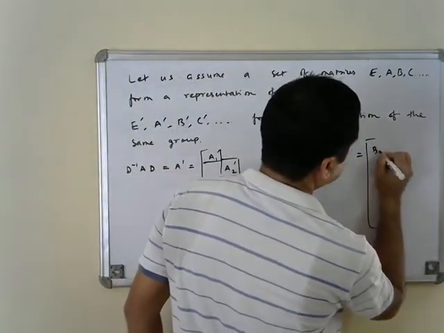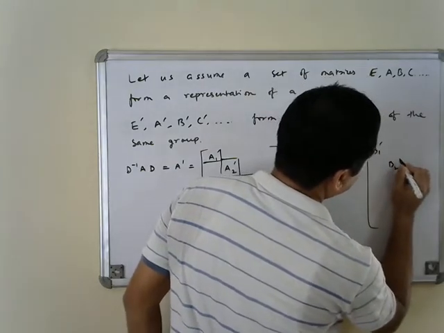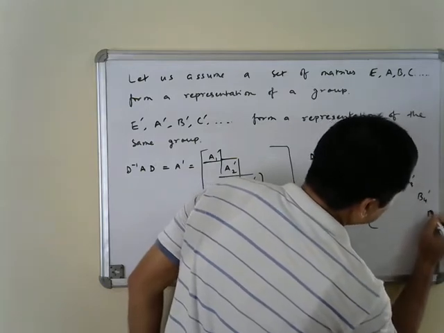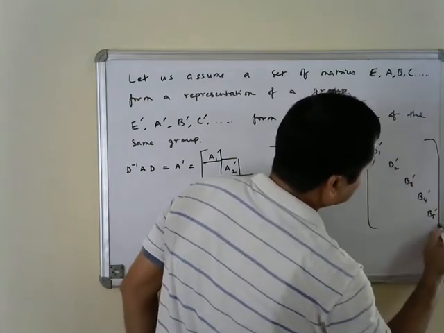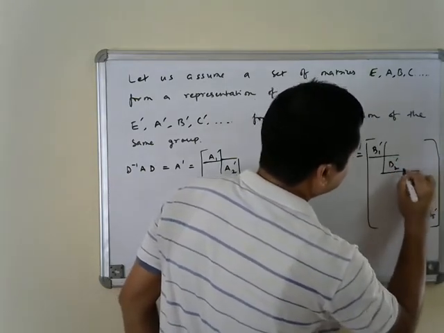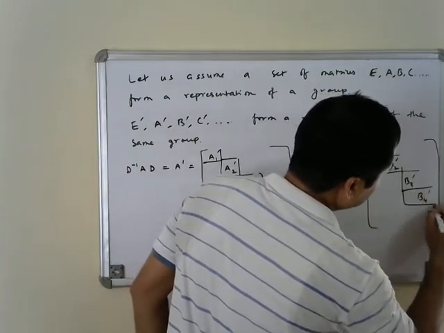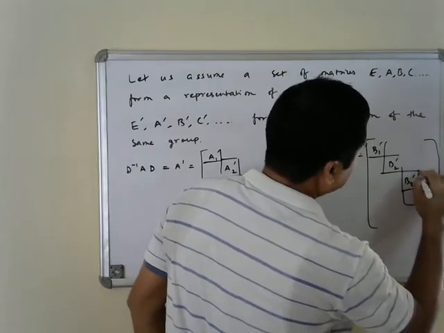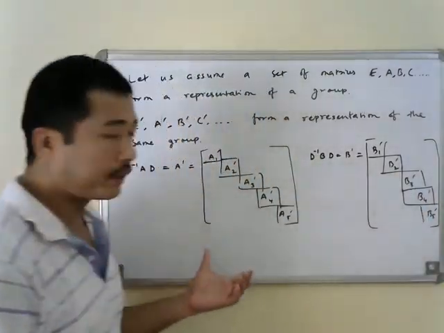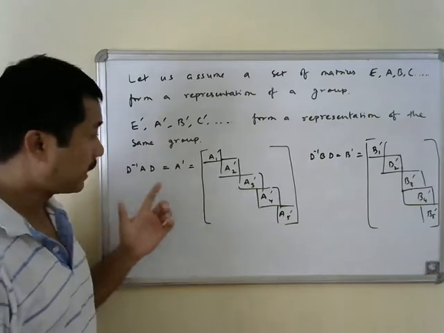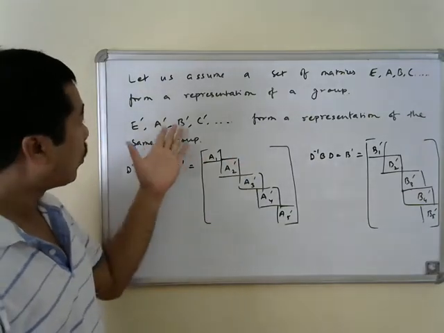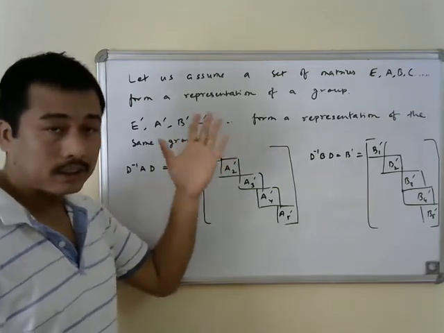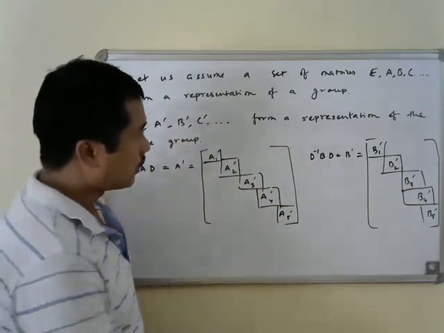So what we have is B1 dash, B2 dash, B3 dash, B4 dash, B5 dash. So again, non-zero elements in the matrix B dash also appear in blocks in the same fashion that it appears in case of A dash. That is true for all the matrices in this prime set of matrices, that is C dash, D dash, and so on.